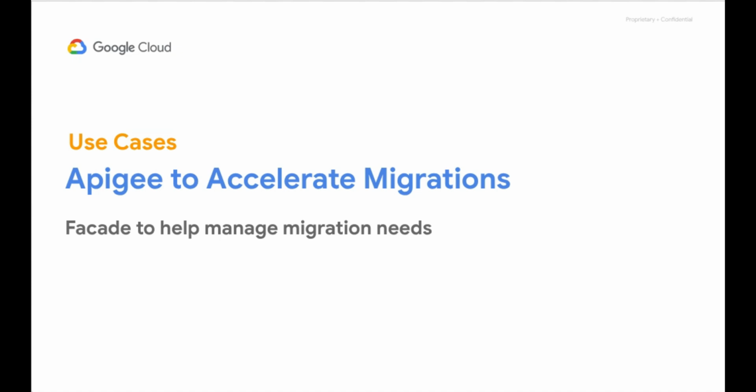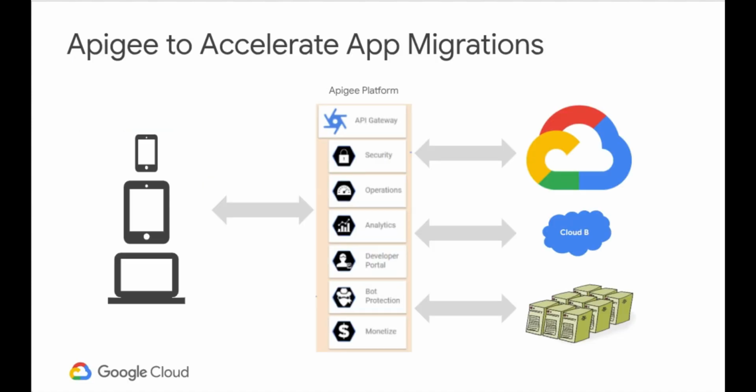Next we'll look at a very technical focused use case, which is the usage of Apigee to accelerate migrations. So if we think about one of the core challenges that we have with any type of migration, it's often the fact that we have a bunch of different consumers of that capability, and of course any migration of those capabilities, those services, needs to be done in a way that is not going to adversely impact those consumers of those services.